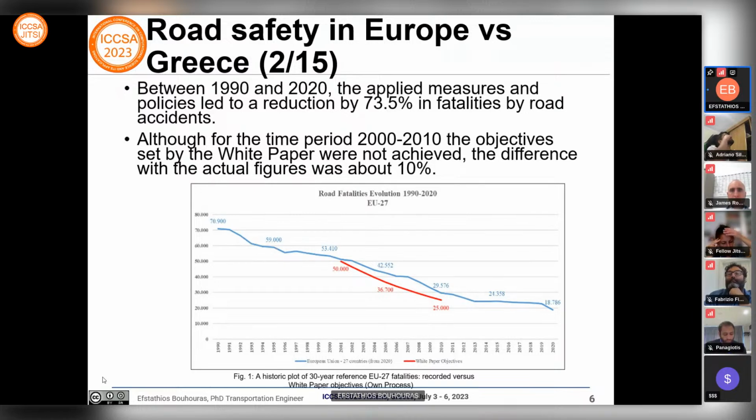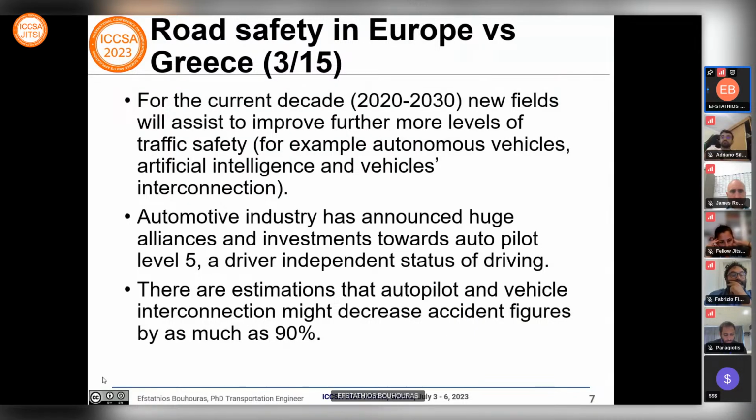The difference between the real conditions and the white paper objectives is about 10%. I could live with that, but when we talk about real human lives, 10% is a large percentage, and we should try to find ways to achieve the objectives and goals of the white paper.